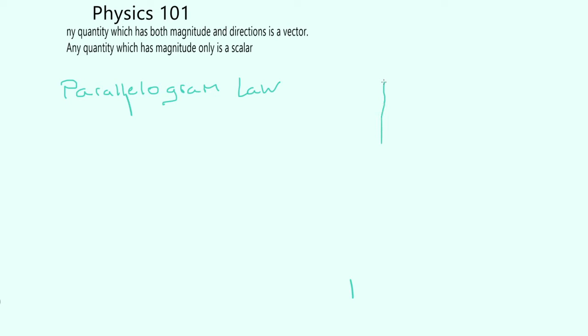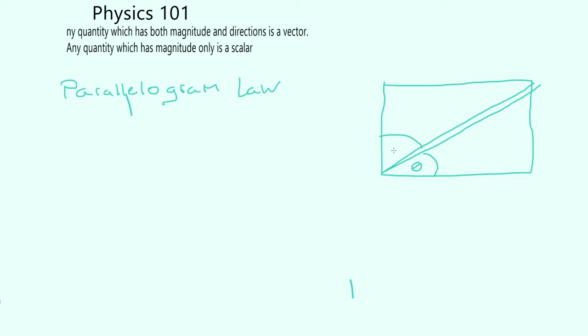Apologies, it's kind of awkward drawing with this pen. So now we'll have this square, and we're going to have a resultant line here, connecting up with that other corner. This will be our angle theta. This will be our angle 90 minus theta.